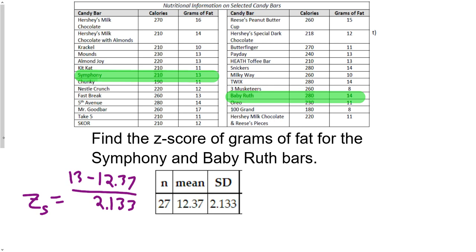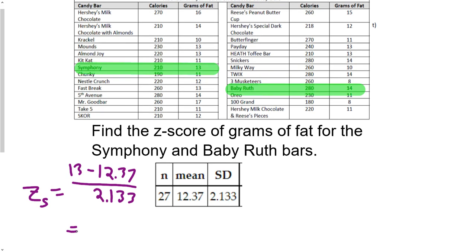That's how I find my z-score. Okay, and you can do the same thing with the Baby Ruth bar as well. So what I got for a value for that is 0.30.